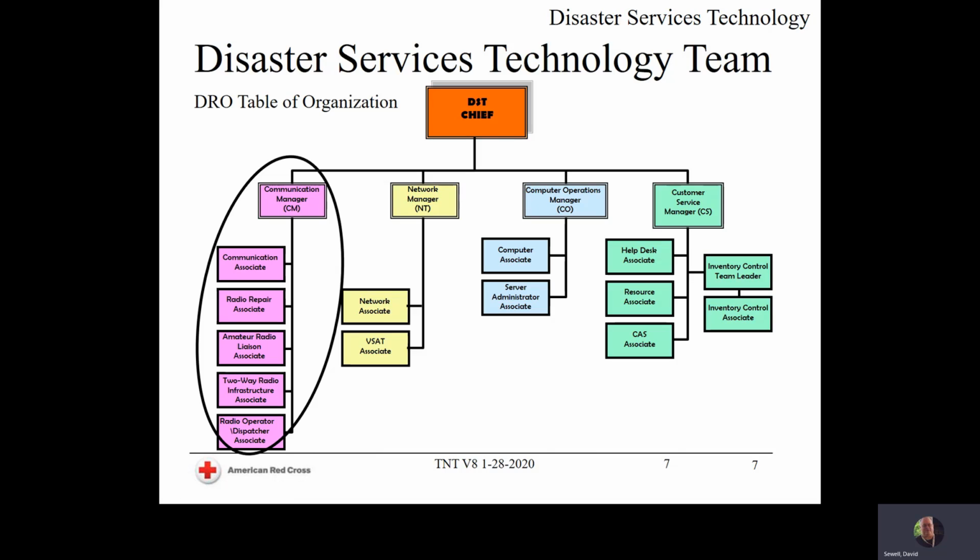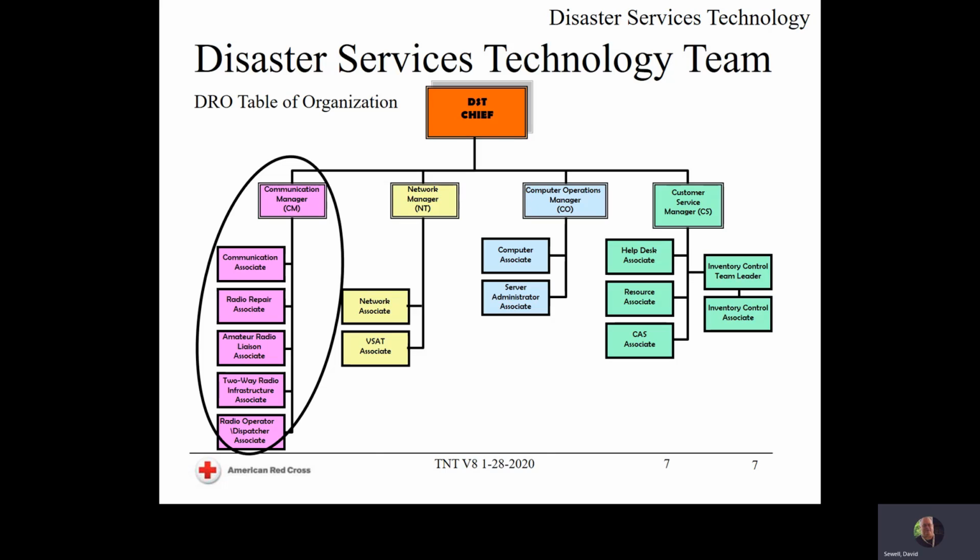So the radio repair associate doesn't mean that person is going to crack radio cases open and fix problems internally with radios. They're going to help primarily in inspecting our emergency response vehicles and helping to repair things like the coax cables. If the radio's bad, they'll switch out the whole radio.